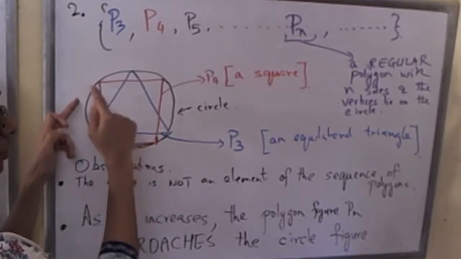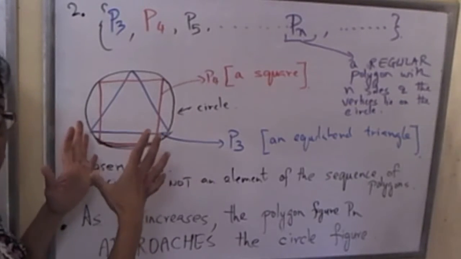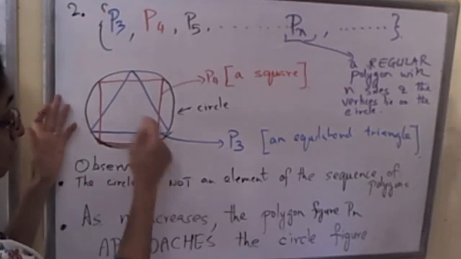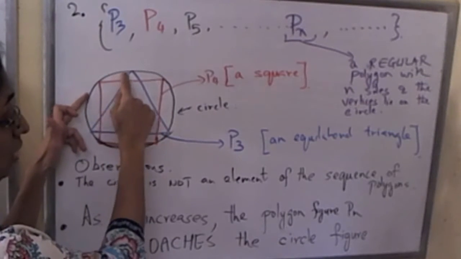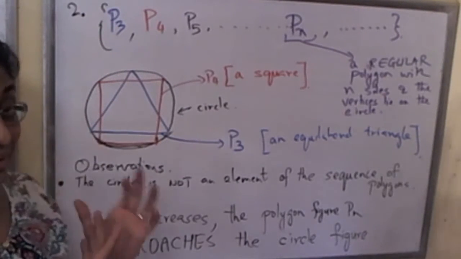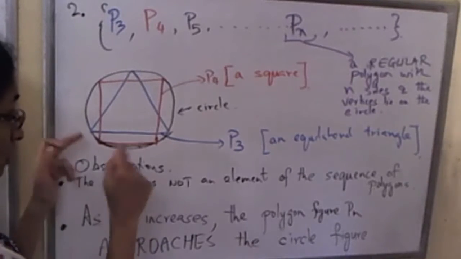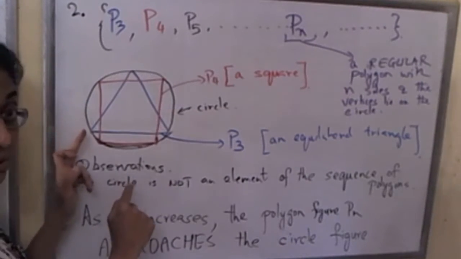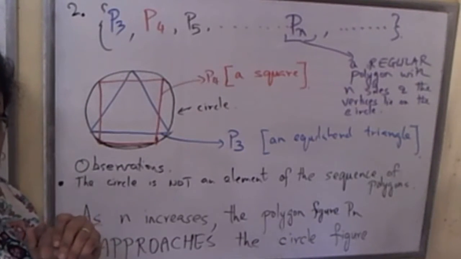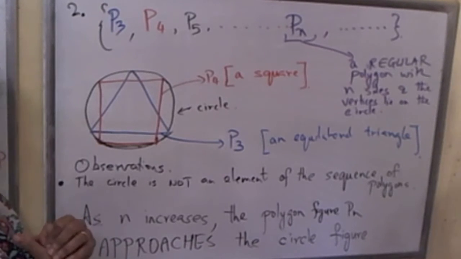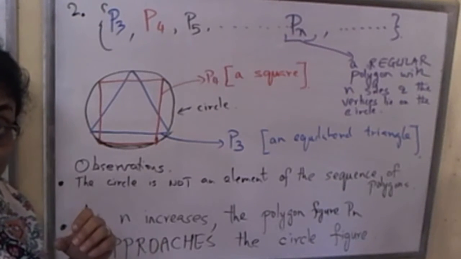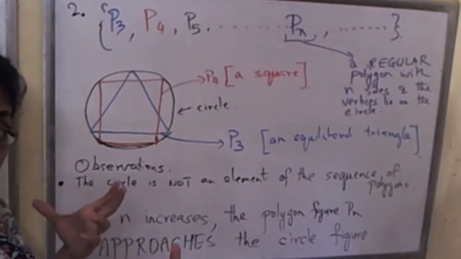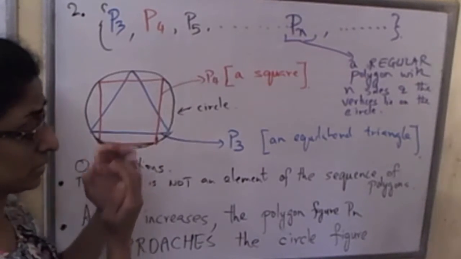So if you drew your pentagon and then the hexagon, then think about, by the time you draw your regular polygon with, say, 1000 vertices, all the vertices lie on the circle and all the side lengths are equal, and that regular polygon with 1000 sides, you get the feeling it looks almost like your circle.